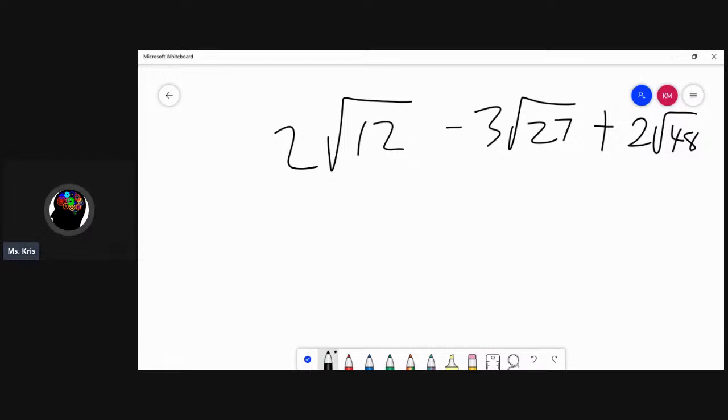Now, remember I said you should be able to pull a perfect square out of each of these functions. And the only way you can do that is by going through each one. So, first thing we need is to find the perfect square in 12.